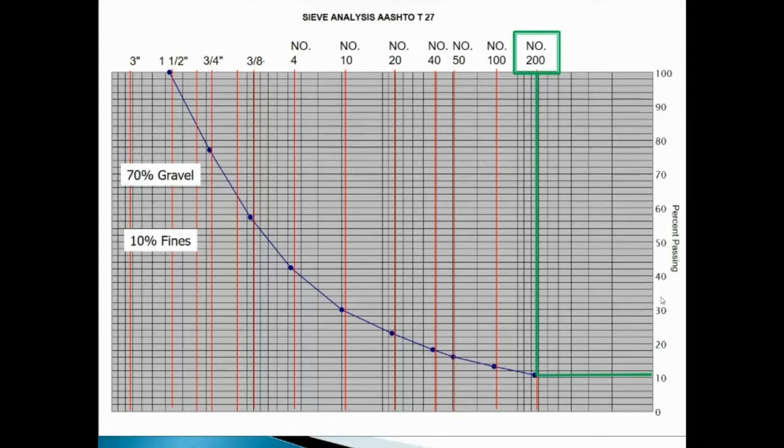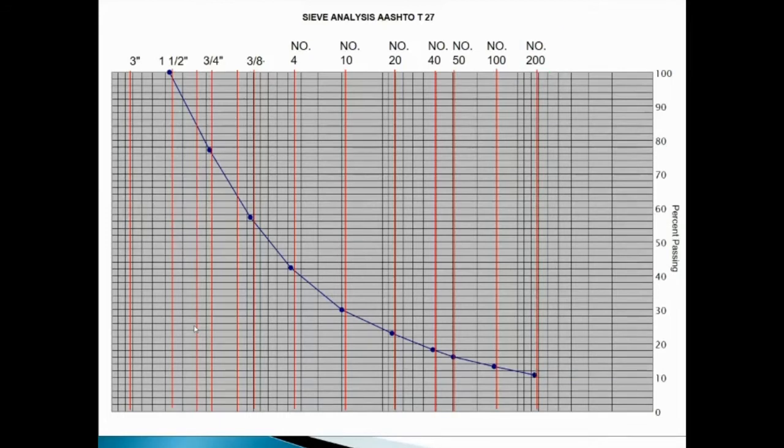As long as you are within 2% on your exam of the actual answer, we will give you credit for your result. So we will go with 10% fines in this case. Next is the sand fraction. Basically, it has to add up to be 100%. So we take 70% gravel plus 10% fines and subtract that from 100. So we are left with 20% sand for this sample, as defined by AASHTO.